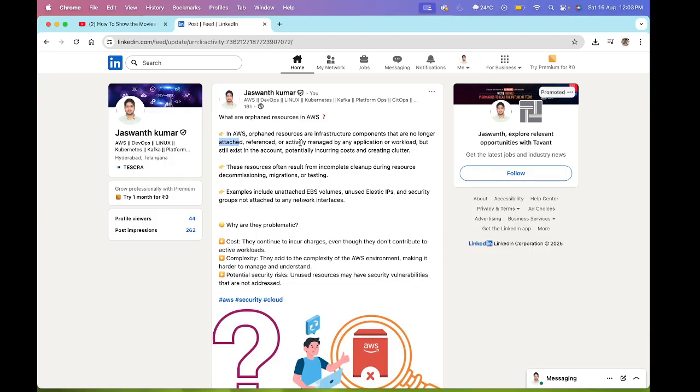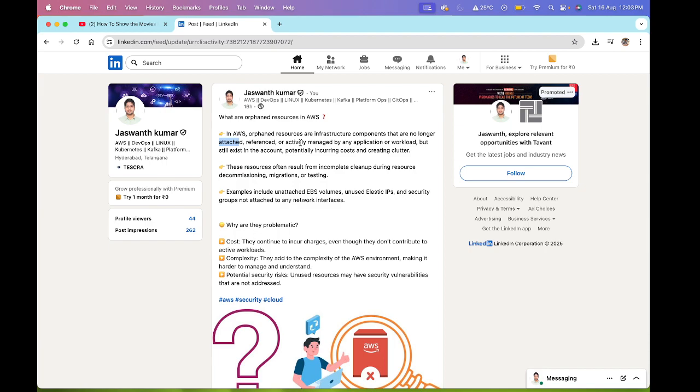What that means is, suppose you have created an EC2 instance and a volume associated with that EC2 instance, right? Maybe you forget to delete the EBS volume or a couple of security groups which were created as part of that EC2 creation. It's a very basic thing.